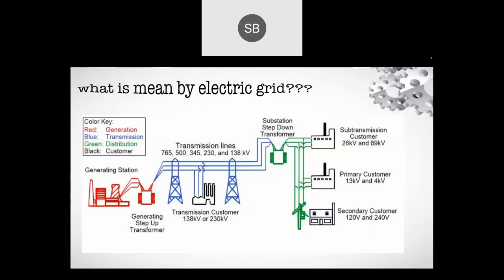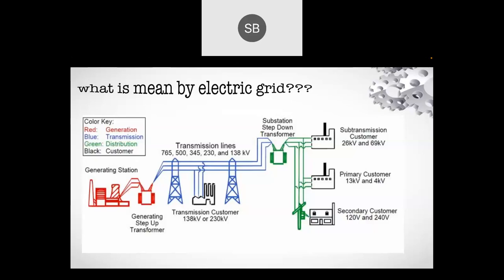Now, electric grids will have many different components. There may be transformers, there may be high voltage transmission lines, then substations will be there, transmission customer care or service stations will be there. Then after the substation, the voltage will be stepped down. After the voltage is stepped down, the power will be distributed among the different consumers, or the customers.